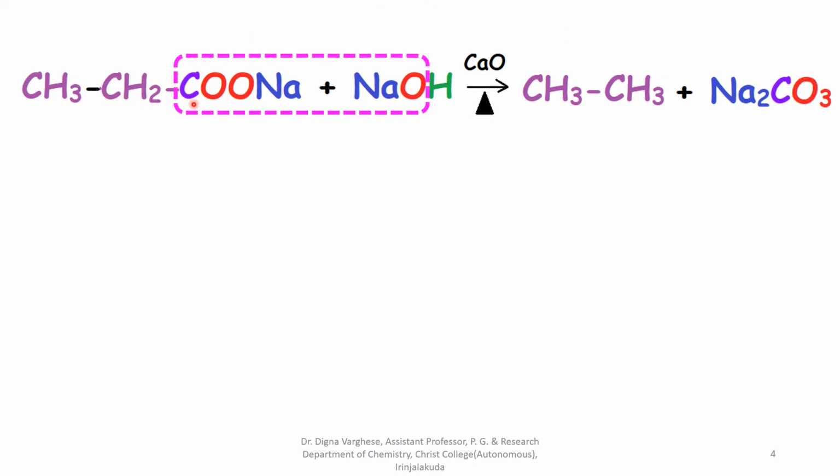The sodium carboxylate is fused with calcium oxide and sodium hydroxide, that is soda lime, to form ethane.